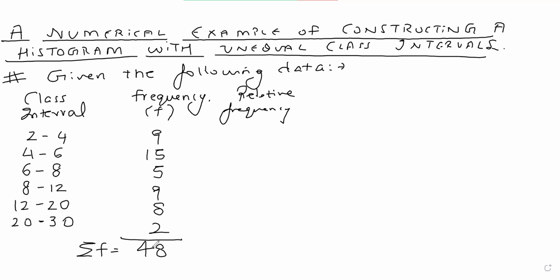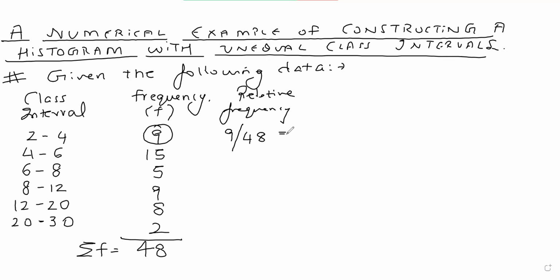If you add them up, you get 48. I hope all students are clear with this. And then how do I calculate relative frequency? The frequency of that particular class divided by the total frequency gives me the relative frequency.